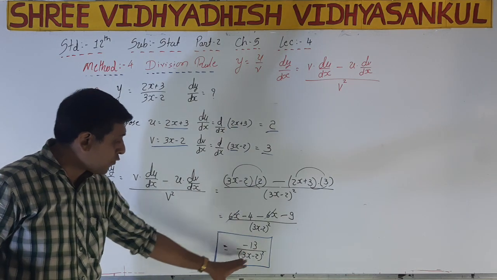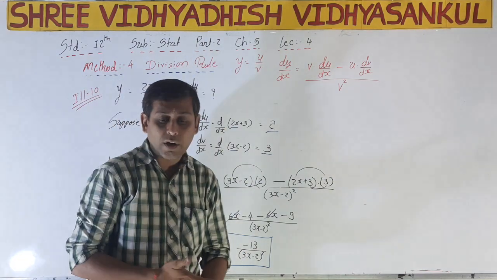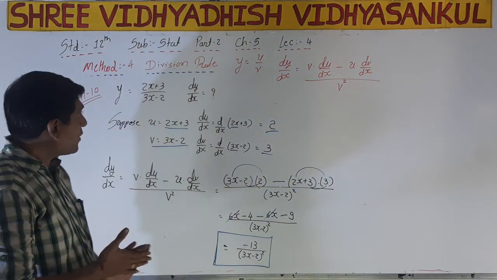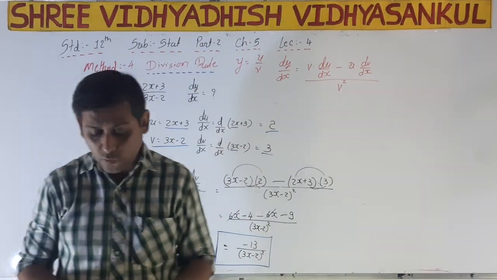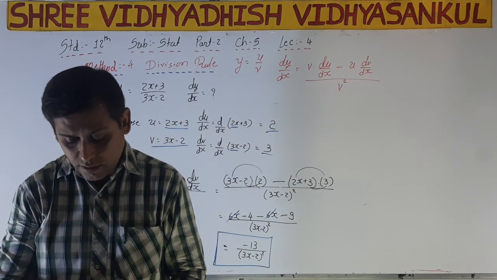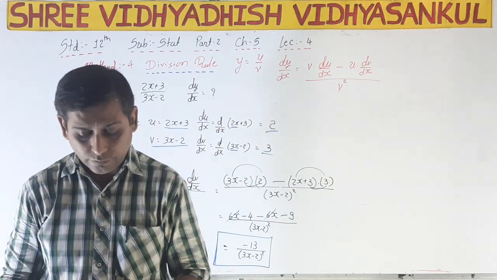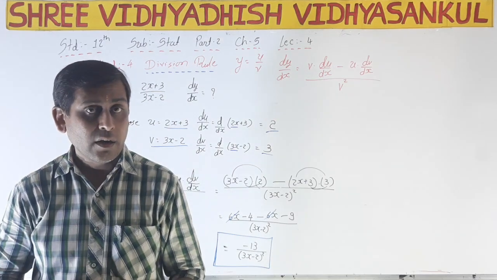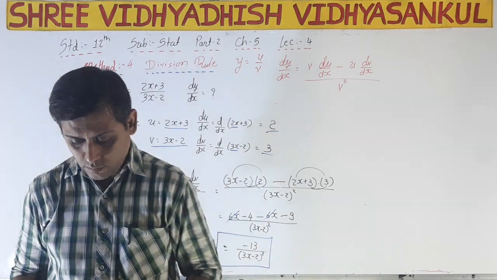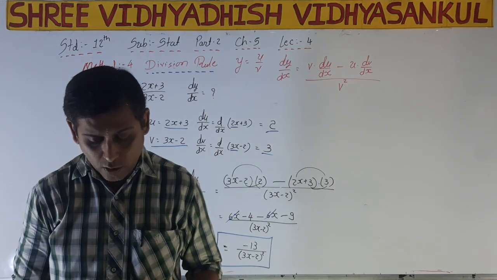So this is your final answer. Okay, so here illustration number 9 and illustration number 10 both are complete. So first of all, write down this and please make a practice of illustration number 9 and 10 in your rough book also. That is your homework also.